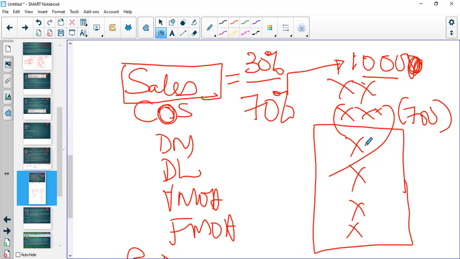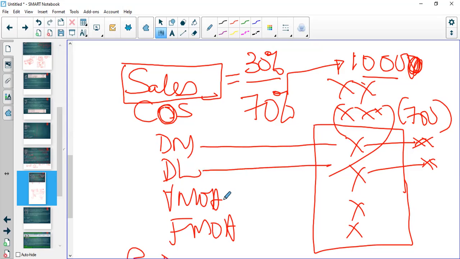So which means you have your direct material, you have your direct labor. I'm not saying you are given that information, but the information you're given allows you to calculate your direct material, your direct labor, your variable manufacturing overheads. And this one here is missing.